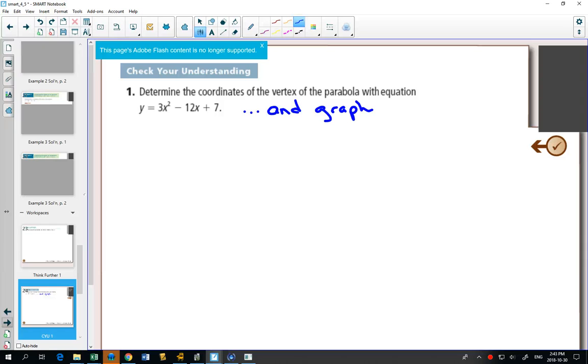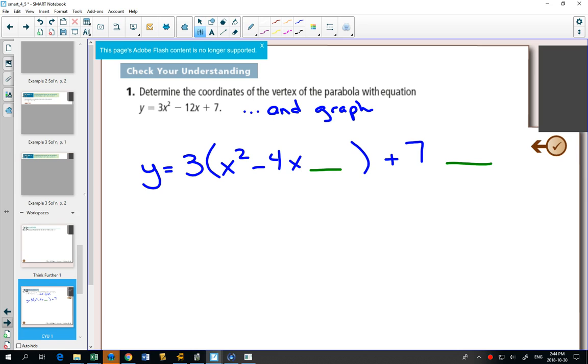But if we can change it to standard form, it'll be helpful. So what do we do first? We know that the a value is going to be 3, so we can factor that 3 out to begin with. Leave space, keep the 7 by itself, and draw those spaces.